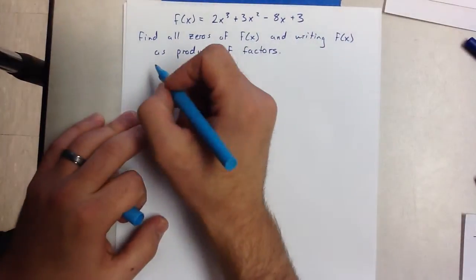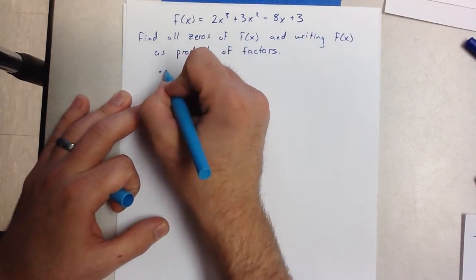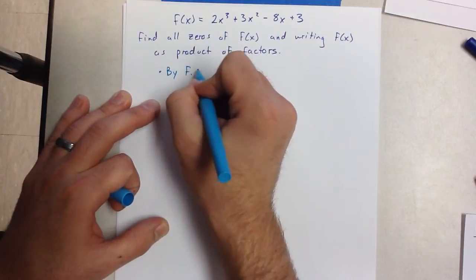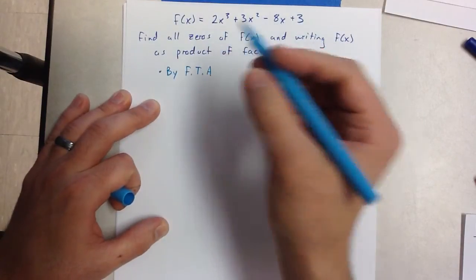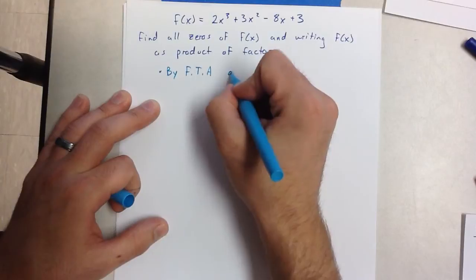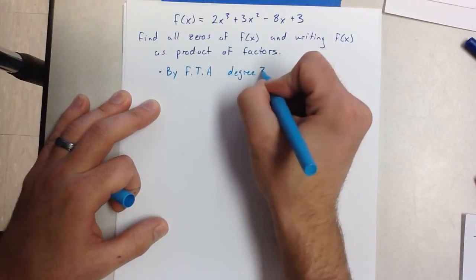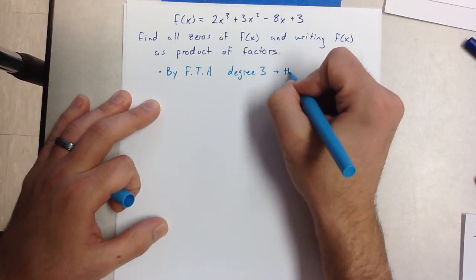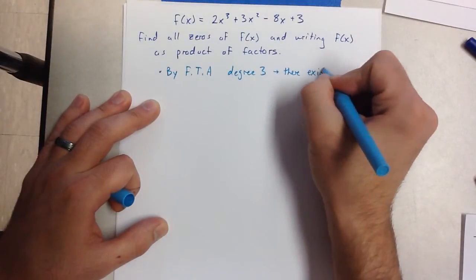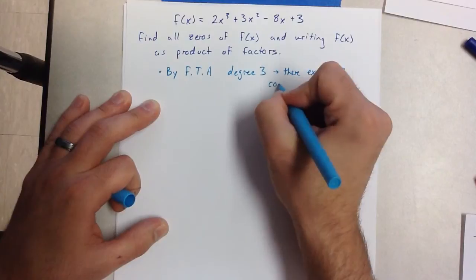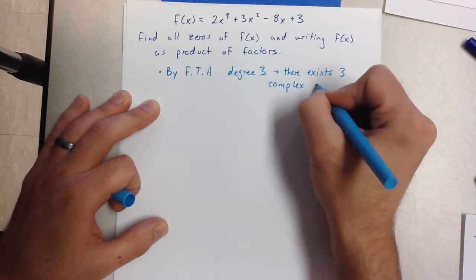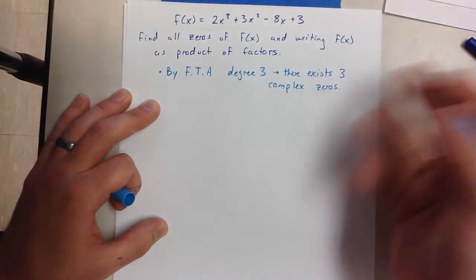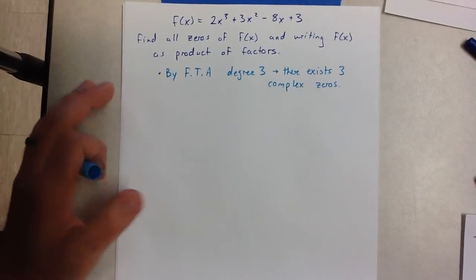We begin by using our fundamental theorem of algebra. By this, we can say degree 3 tells us that there exist 3 complex zeros. Where are they? We don't know yet. We just know that there's 3.